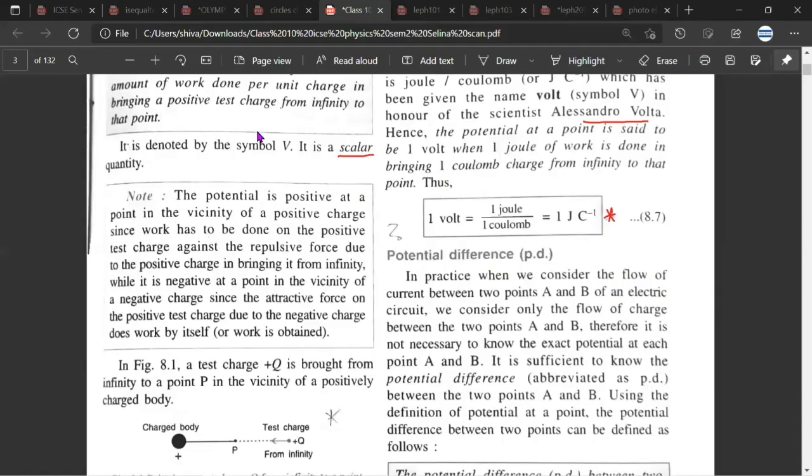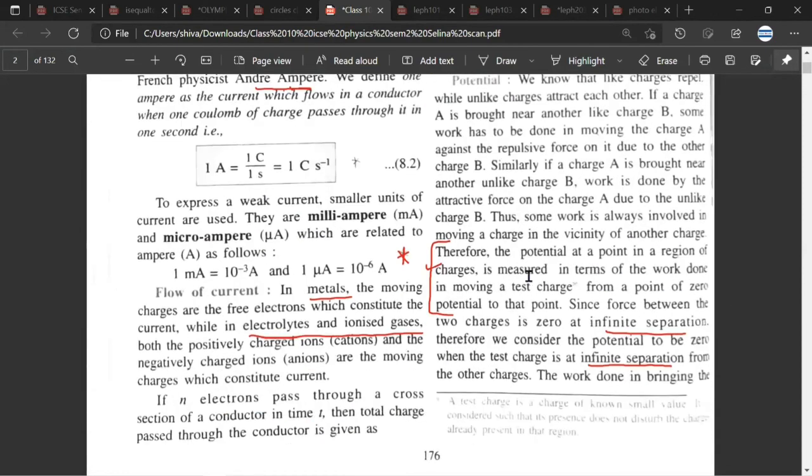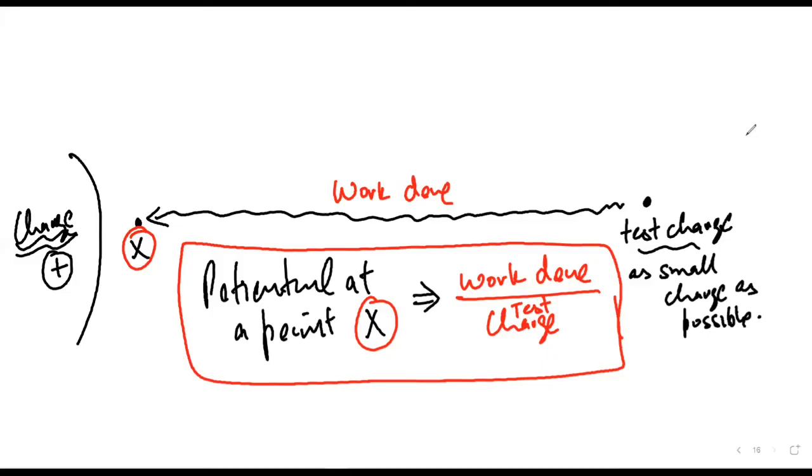So, Mr. Sivang, the discussion that we had now regarding the potential: the potential at a point in a region of charge is measured in terms of work done in moving a test charge from a point of zero potential to that point. So that is what I was explaining here, that this test charge is assumed to be at infinity. At infinity, the potential is zero.